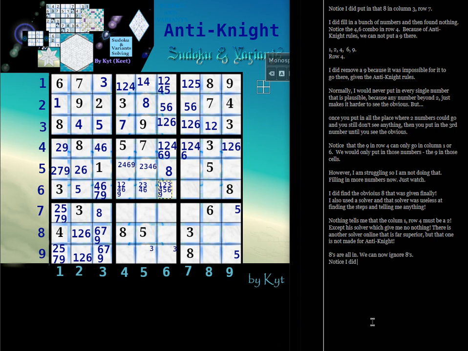Now notice I did take out a 1 in column 5, row 6, because the rules say a 1 cannot go there. Anti-knight. That leaves us with 1 only going in columns 4 or 6.